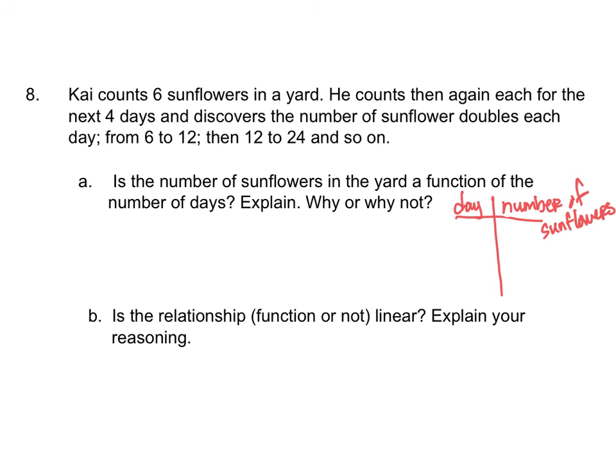So at day 1, there's 6. And then he again counts for the next 4 days, and he discovers that the sunflowers double each day. Okay, so on day 2, it went from 6 to 12. Day 3, it went from 12 to 24. Okay, so we're doubling is what we're doing. So this is our table. We just put it together.